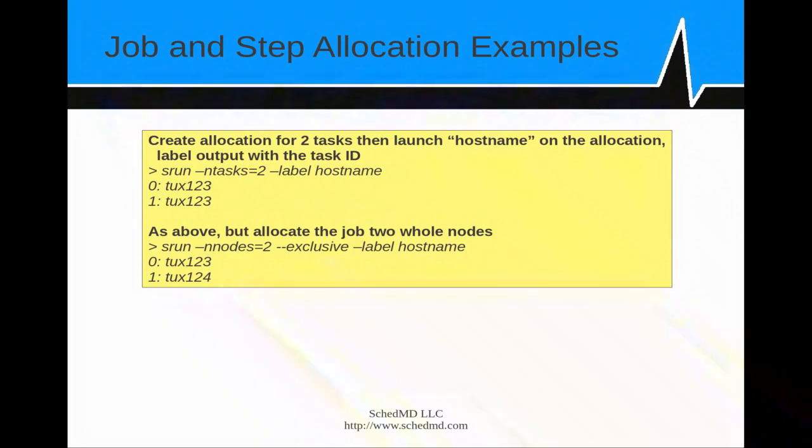And in this case, we're just running hostname. So this is running 2 tasks that print the host name, and they're allocated on the same node in this example. The next example shows you if you want to run on 2 whole nodes, get exclusive access to 2 whole nodes. And the output looks the same pretty much, except your output is from 2 different nodes, because one task ran on one node and the other task ran on a different node.